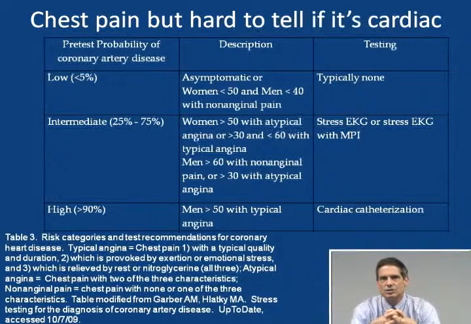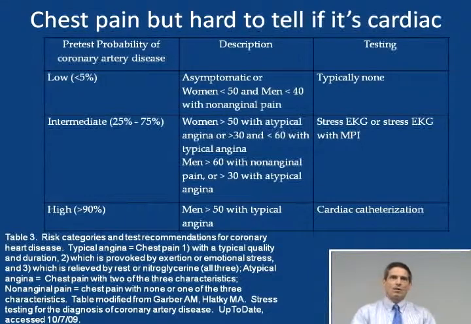To decide which study to order on your patient when they have chest pain and you're thinking in terms of coronary artery stenosis, you have to put the patient in a risk category, such as is accomplished by this table here. You have to calculate the pretest probability of coronary artery disease by assessing their chest pain pattern and correlating the pain pattern to their age and sex, and then you put them in one of these categories.